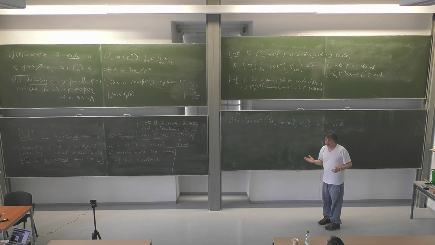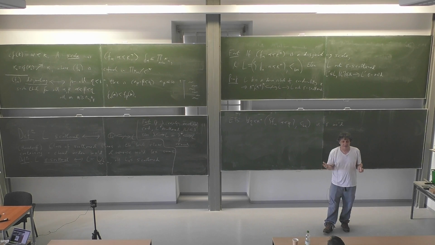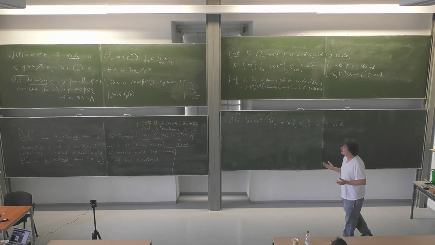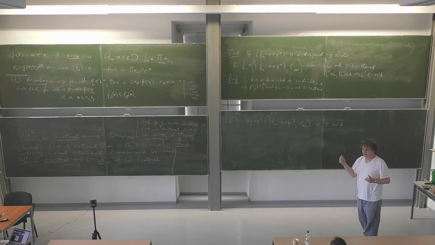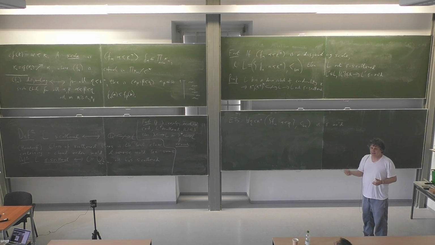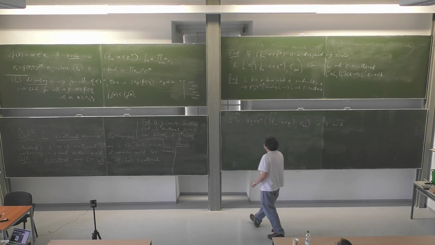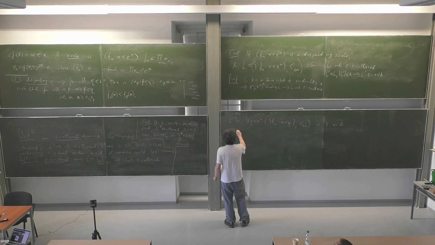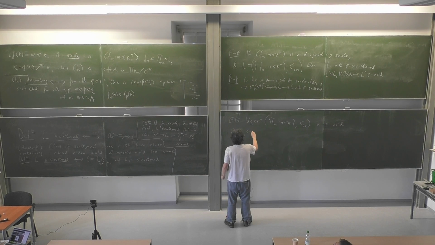But that's actually surprisingly easy, knowing what we know, because remember, my hypothesis is that this is a disjointing scale. So I'm going to choose some integers witnessing the disjointing. Here's n beta.